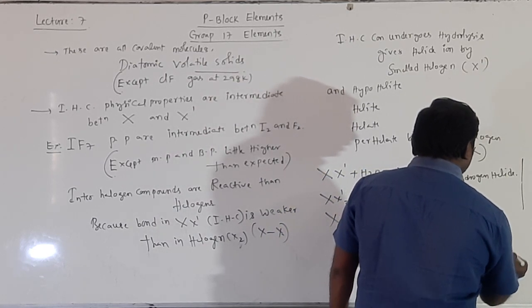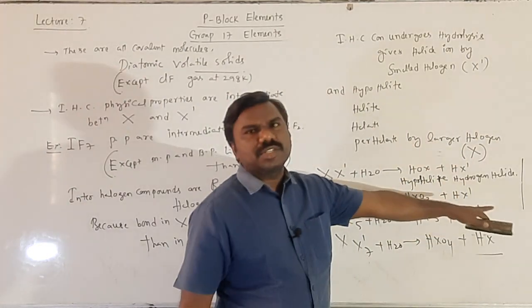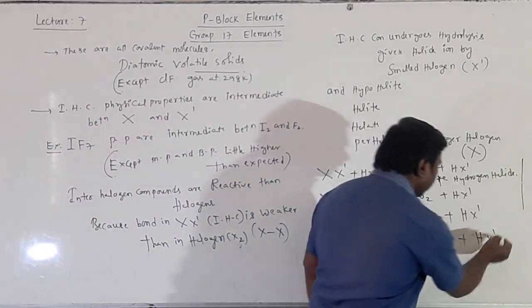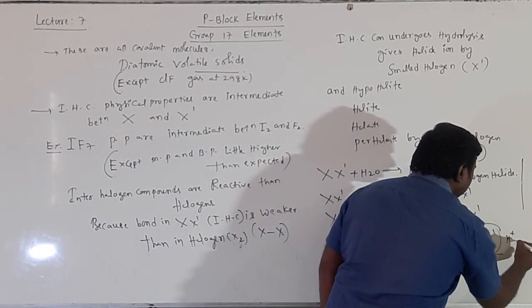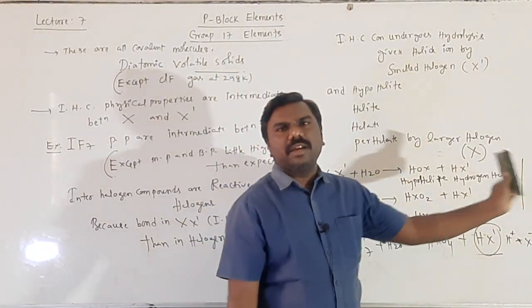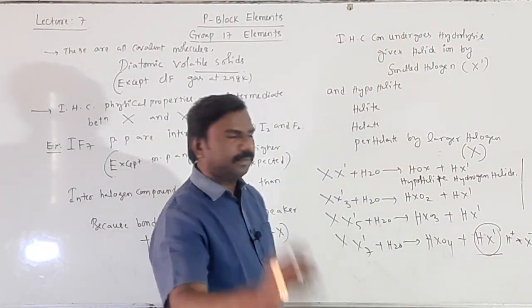It means X', the smaller one, is removed as HX. HX means H plus X minus, getting all of you? The halide ion will be removed by the smaller one.